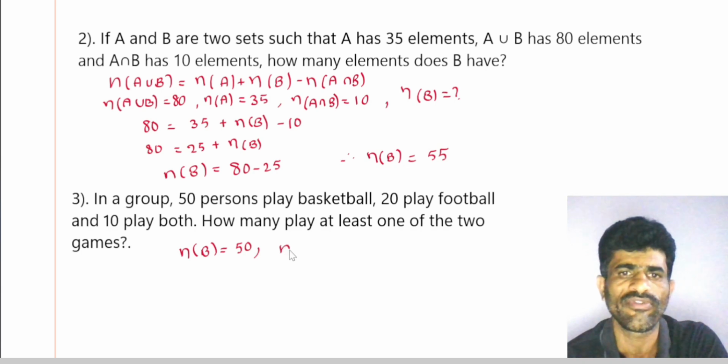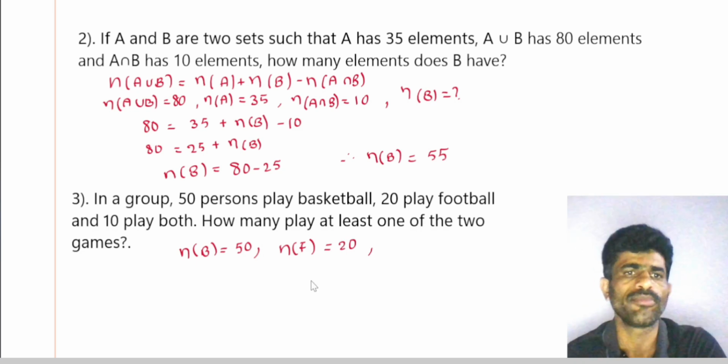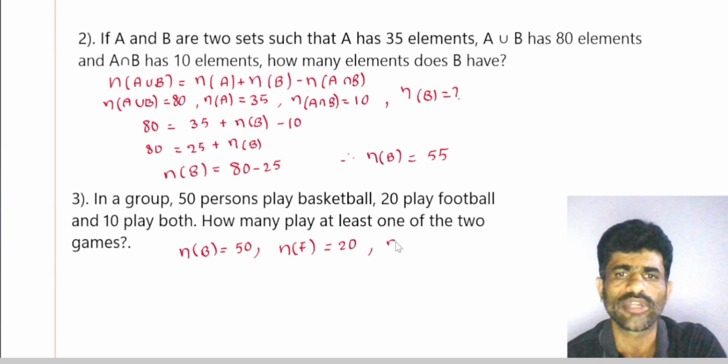So n of F, let us take football as F, n of F is equal to 20. And both of them together is the common part, so we should take it as intersection. N of B intersection F is equal to 10.